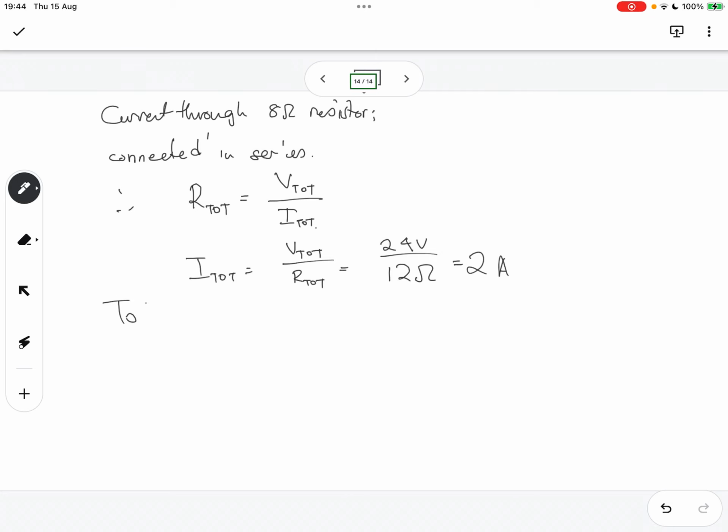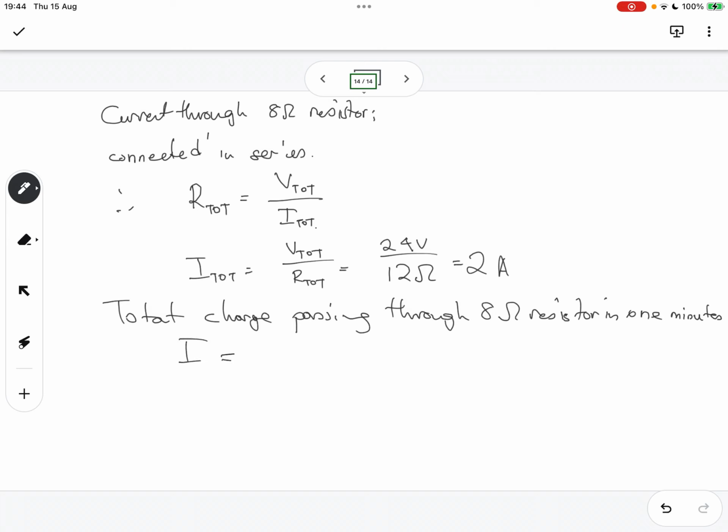So total charge passing through the 8 ohm resistor in 1 minute or 60 seconds would be I equals Q over delta T. Remember that formula?